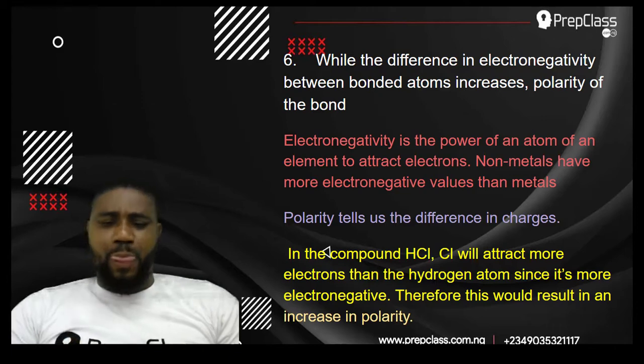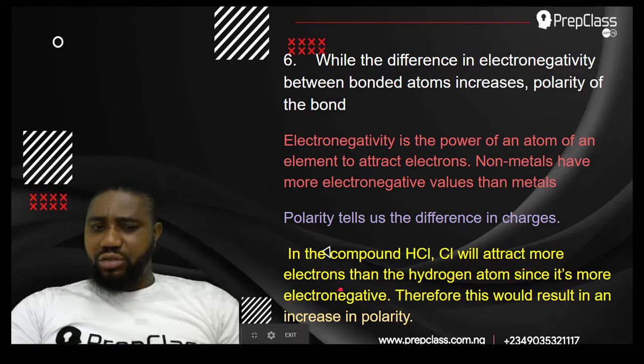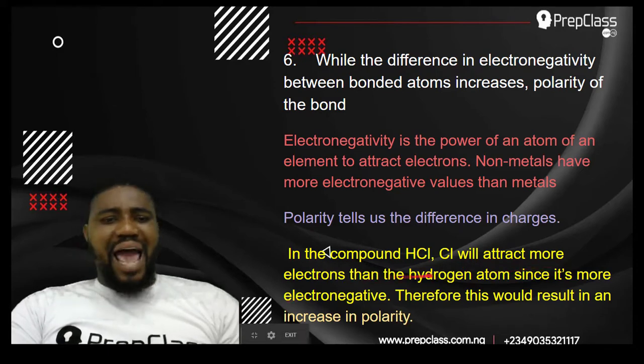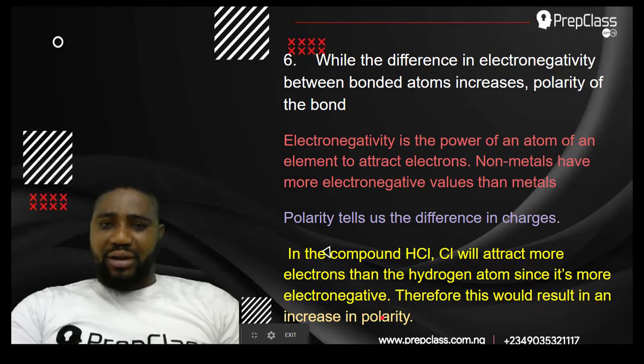So in a compound like hydrogen chloride, chlorine will attract more electrons because it's a non-metal than the hydrogen atom. Since it has more electronegativity, this would result in an increase in polarity.